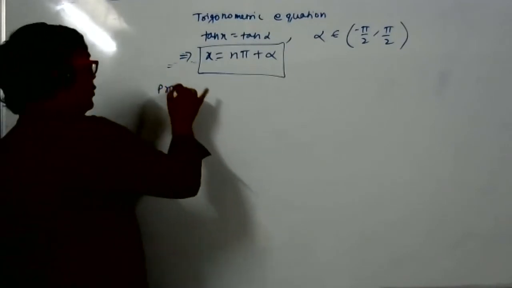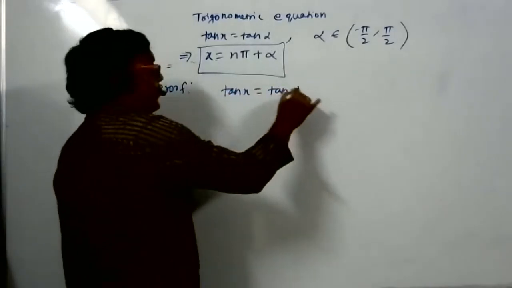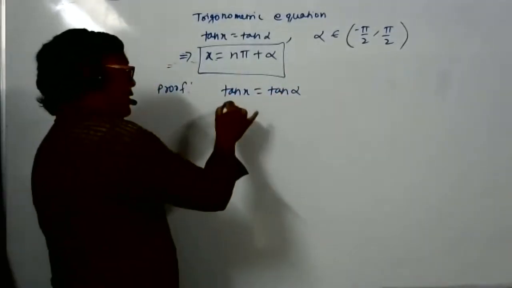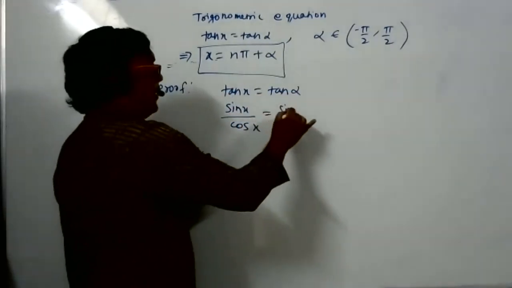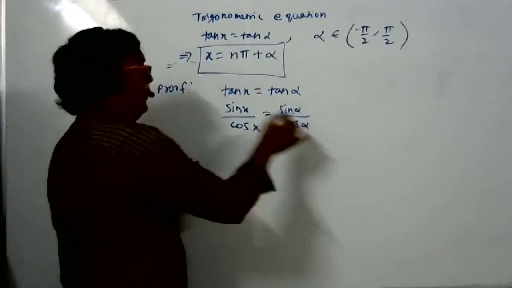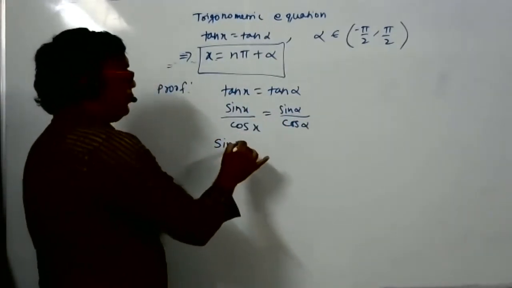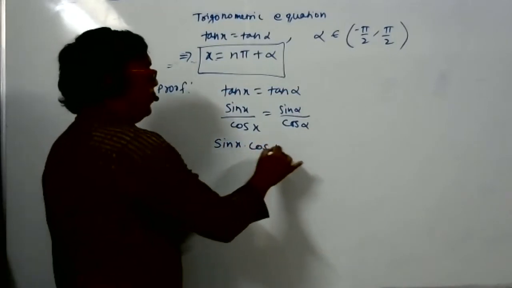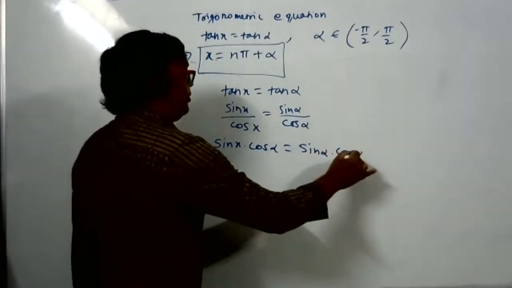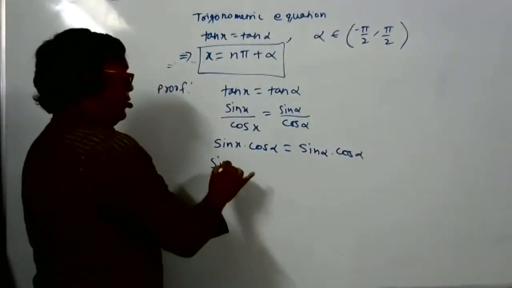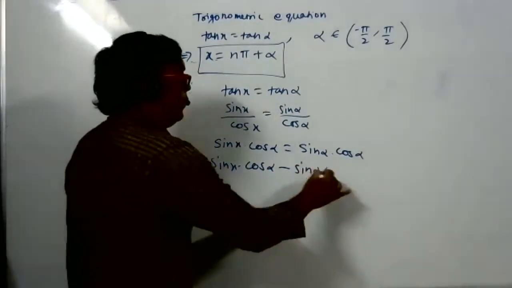Proof, very simple proof. People stop writing and see on the board. tan x is equal to tan alpha. Change it into sine and cos. tan x means sine x by cos x, tan alpha means sine alpha by cos alpha. Cross multiply, we get sine x cos alpha equals sine alpha cos x.